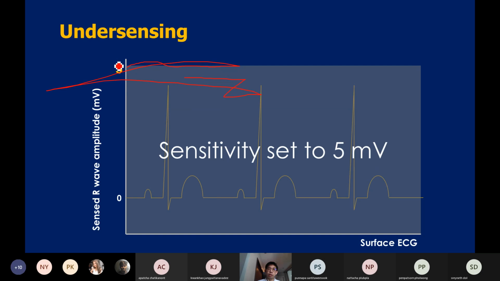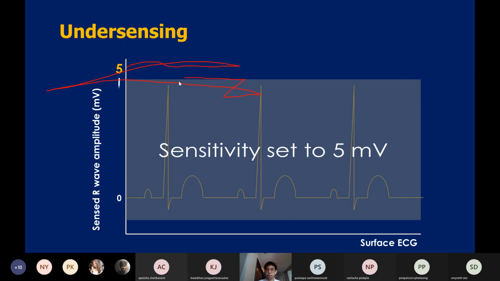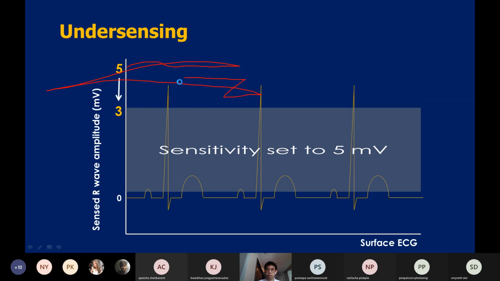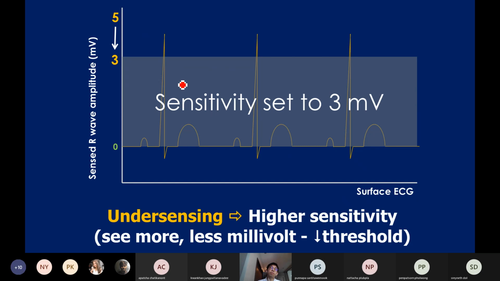Okay, so start again. Here, the sensing threshold is at 5, but the intrinsic R wave amplitude is lower than 5. So the pacemaker could not see the intrinsic rhythm. This is called undersensing. We correct this problem by lowering the number from 5 to 3.